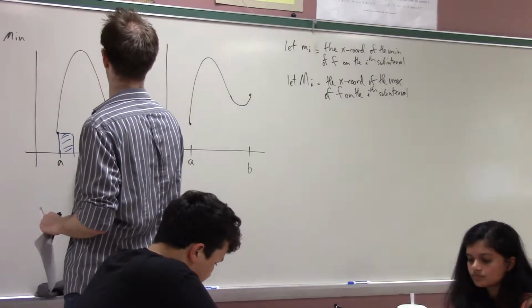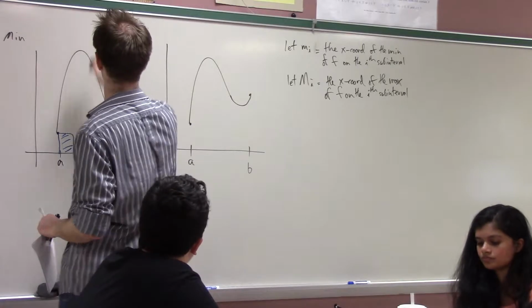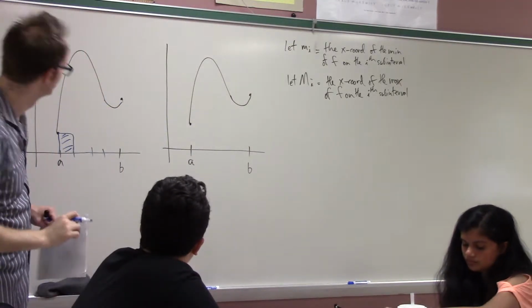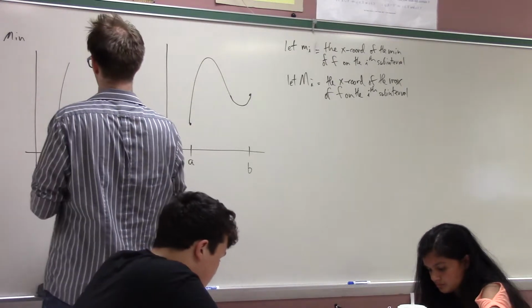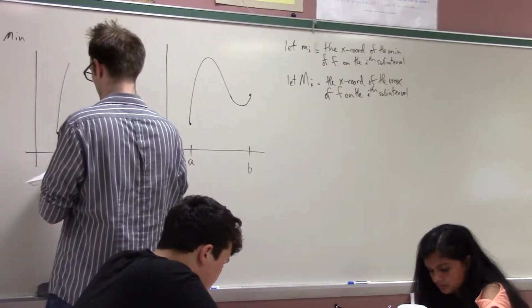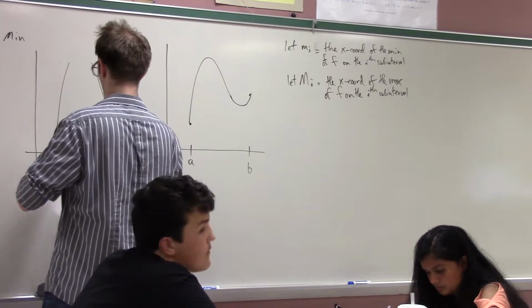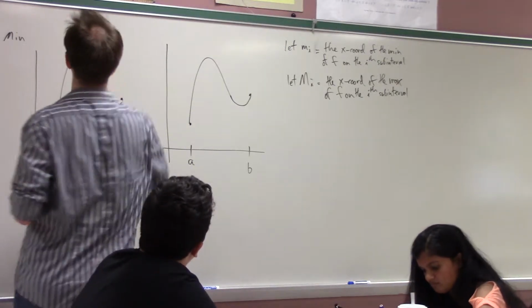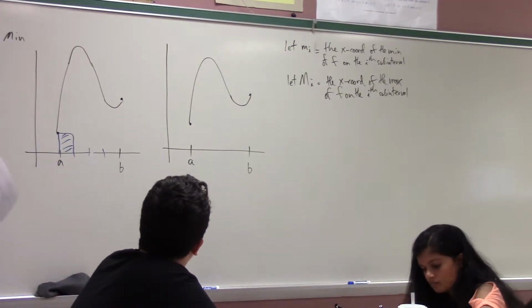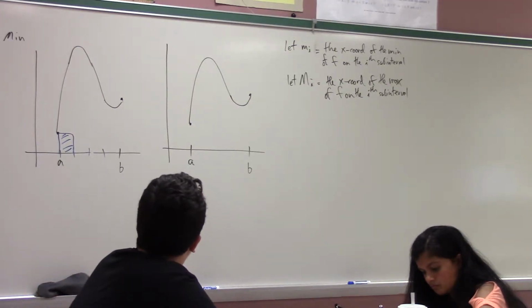It's a little awkward on that picture. Okay, let's draw it a little bit better so it does something cool. Suppose that it has some relative max that happens somewhere in the middle of that second subinterval. Oh wait, I'm supposed to be doing the minimum, aren't I?